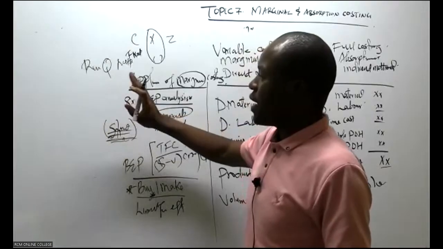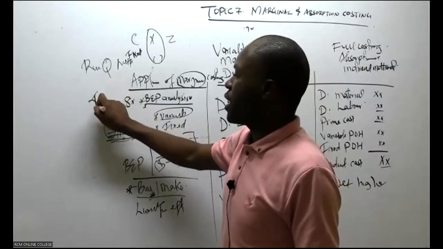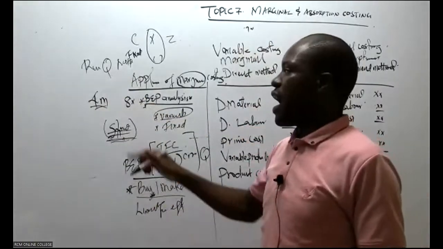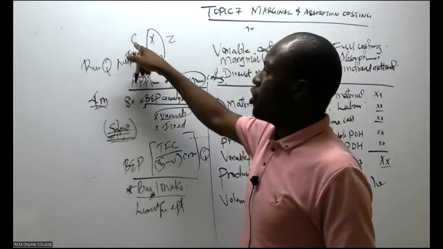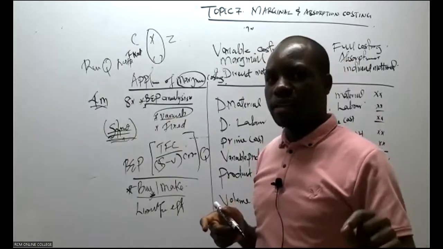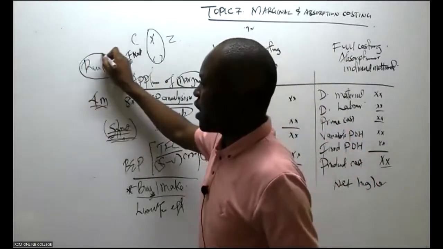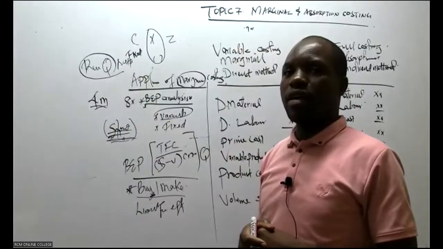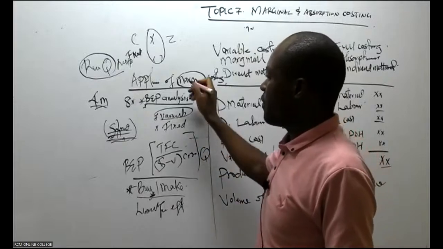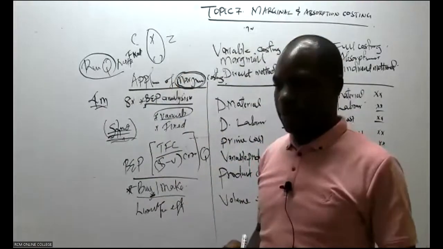In one particular year, the company is only able to purchase 4 million units of this raw material Q. How will they ration the available units of material Q to produce C, X, and Z such that they are able to meet the market demand and at the same time maximize their returns, or their net profit, from that raw material Q? That knowledge must be understood by, first of all, ensuring that you understand what marginal costing entails.